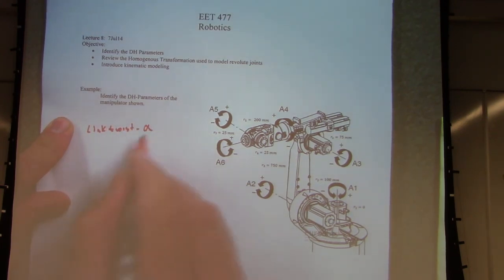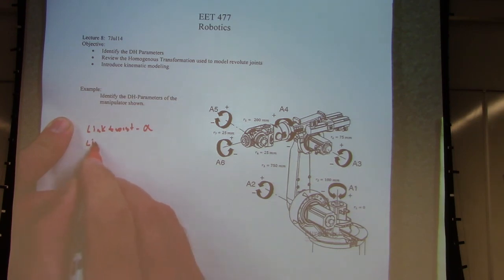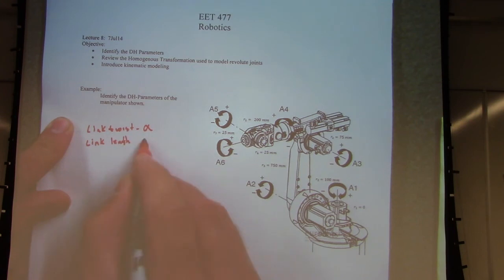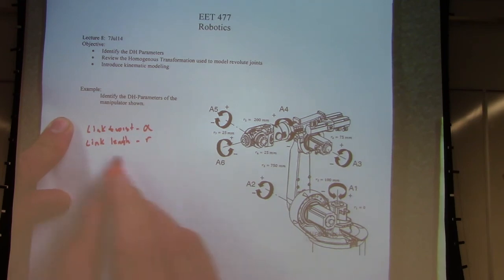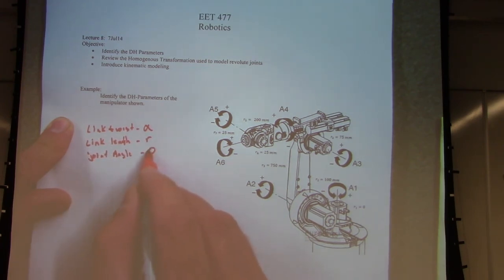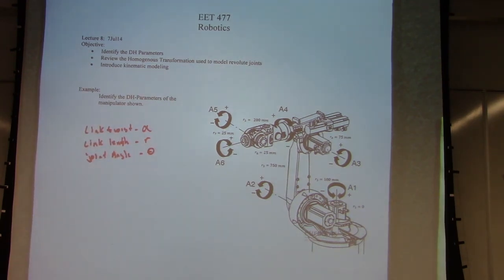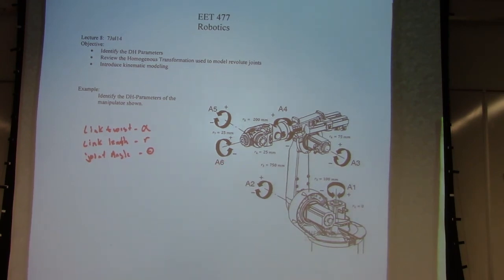That is your alpha, the link twist. The link length is our R. Remember the book calls it A, but that is just not a good idea. And then finally our joint angle, that's our theta. So go through and spend a minute seeing if you can't identify each of these parameters for the 6 joints that are specified on the robot.